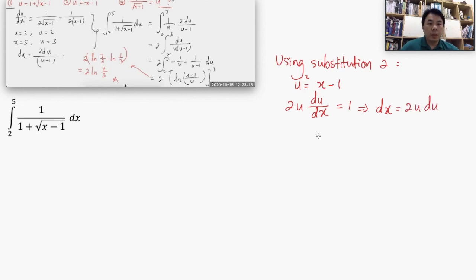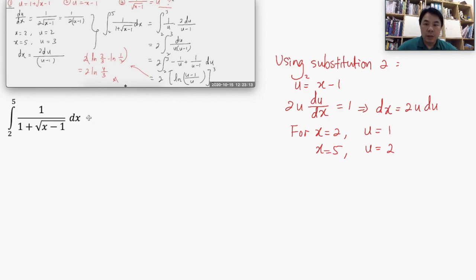Right. And then at the same time, we are going to change the lower boundary and upper boundary. For x equal to 2, our u would be 1. For x equal to 5, our u will be 2 here. Right? So once we have done this setup, we are ready to substitute.